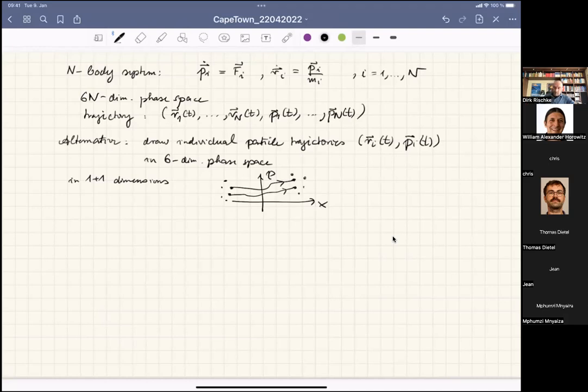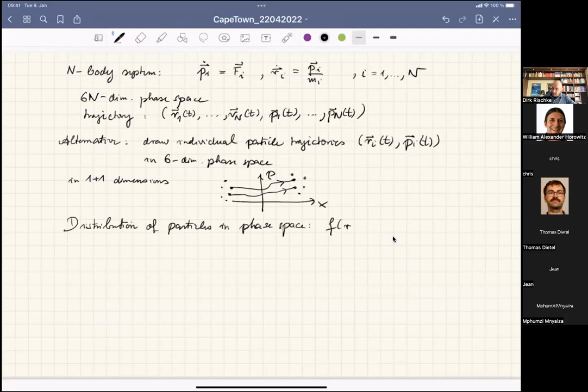So now, of course, this ensemble of particles is characterized by a distribution of particles in phase space. And this distribution I call f.